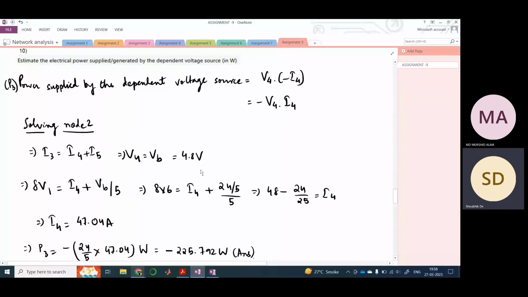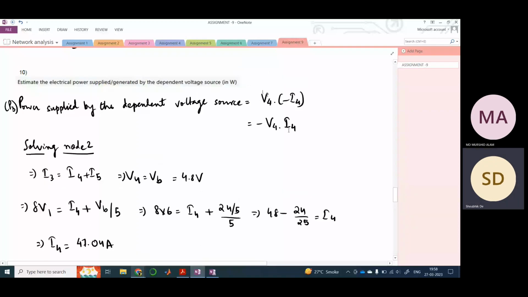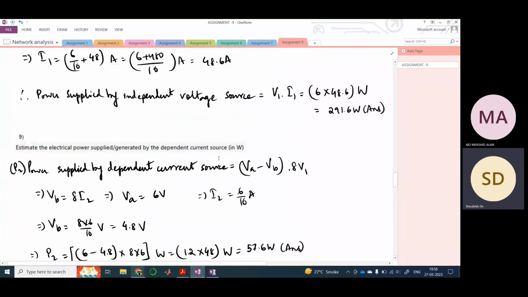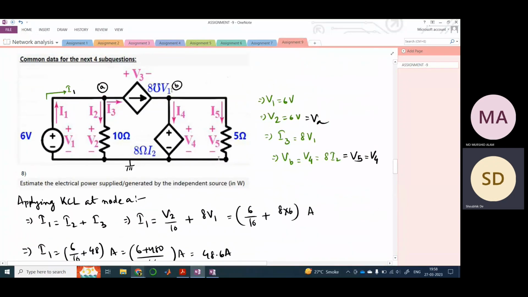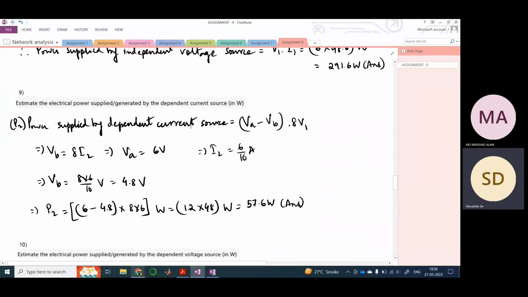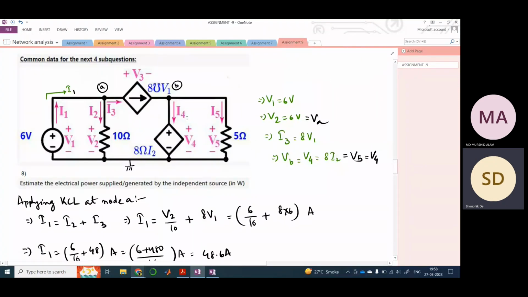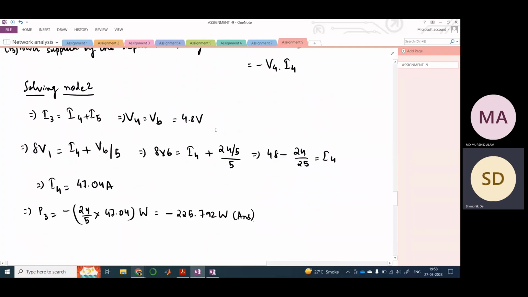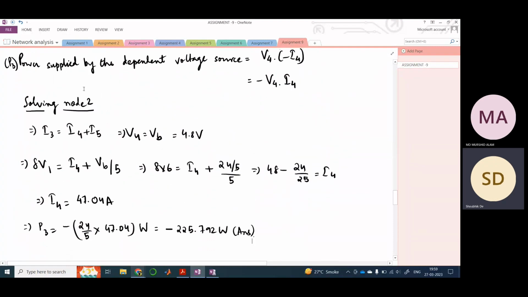There was some confusion in this, because we didn't know the value of V4 and I4, so we had to calculate this, right? V4 is equal to VB only. By looking at the circuit, you can easily see that this is nothing but V4, and V5 is also VB, and you need to calculate I5 and I4, which we did by solving the second node equation, right?